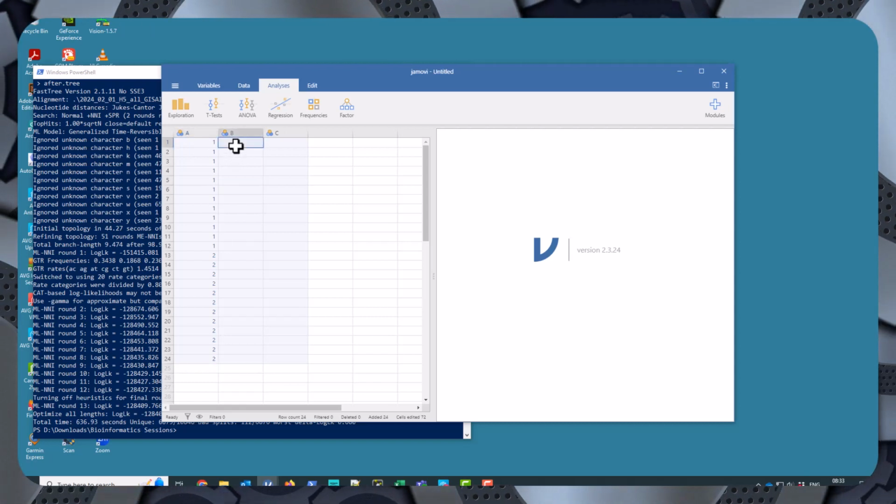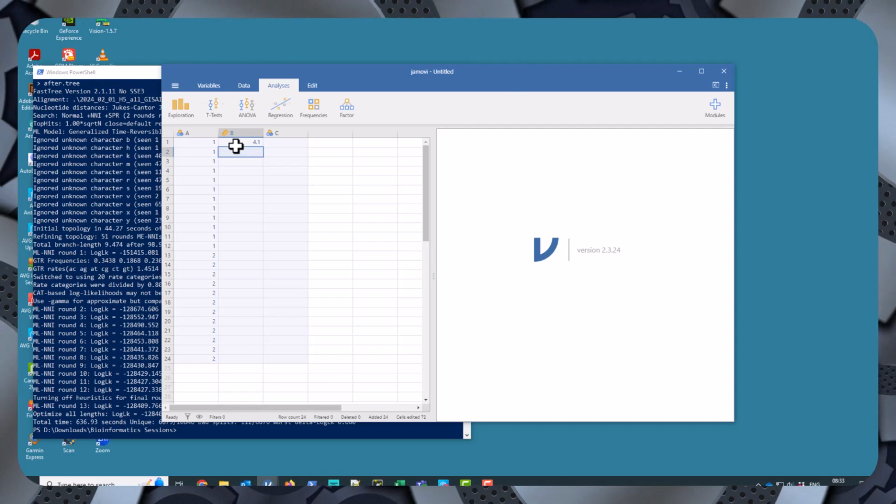Next we want the actual numbers, which I'm going to take out of the book.